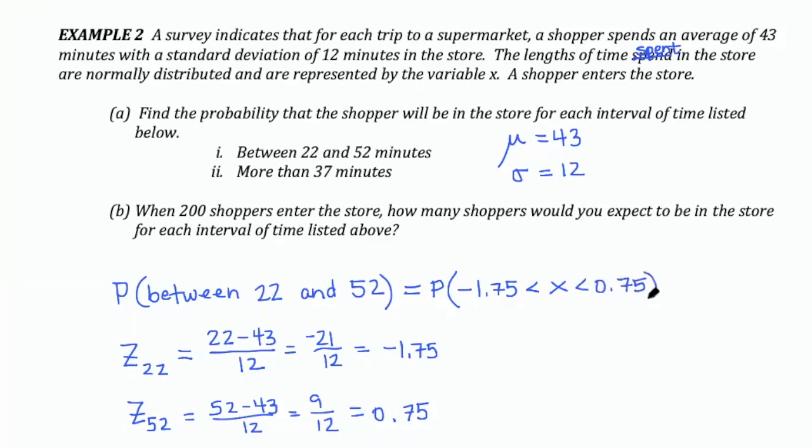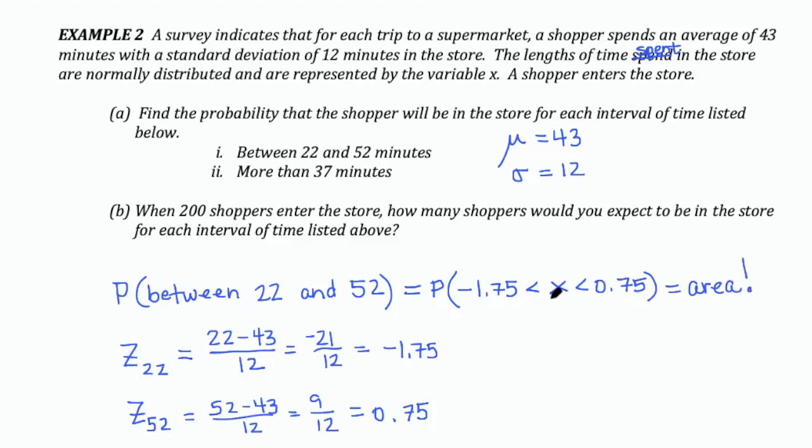So this is the way I would write that I want values between these two z-scores. The symbol should point this direction because I have the smallest z-score on the left and the largest z-score on the right. Again, you just need to remember that this is going to correspond to an area.